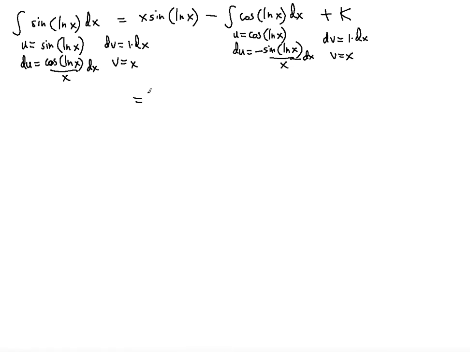So we will have, I'm going to copy this down, x sine of ln x minus the product of the uv, so we bracket that: x times cosine of ln x. Minus v du, so minus with this minus is plus, the integral.